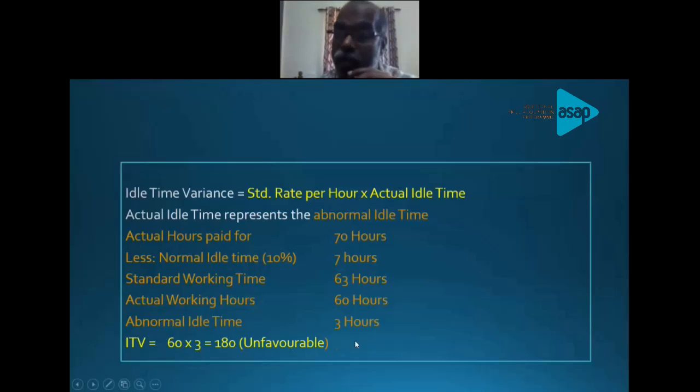Abnormal idle time is always unfavorable, because we are paying for the time for which no work is taking place. Our cost will increase, our losses will increase. So abnormal idle time variance is always unfavorable to the organization.